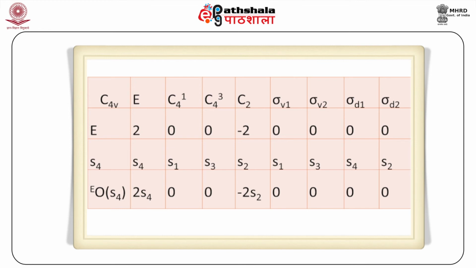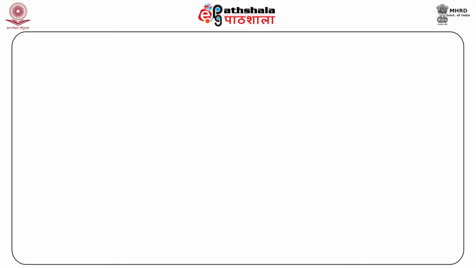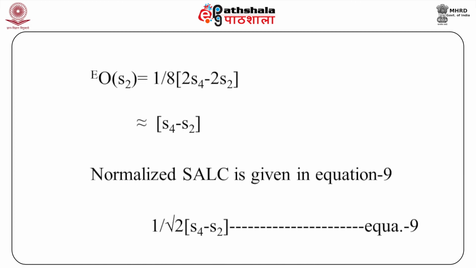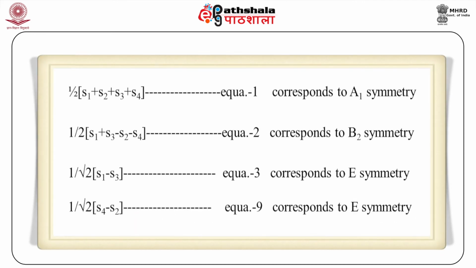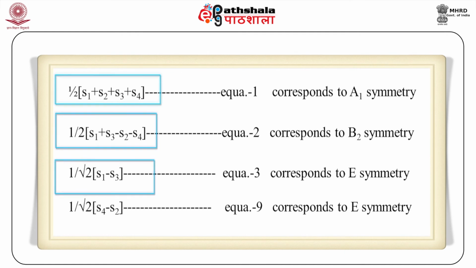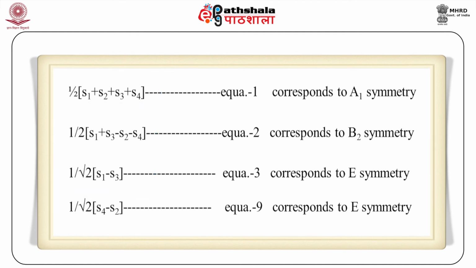Just completing the whole procedure, the normalized SALC is given by equation 9, 1 upon under root 2 S4 minus S2. So, SALCs given by equation 1, 2, 3, equation 5 are different.